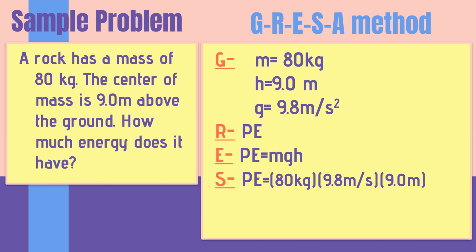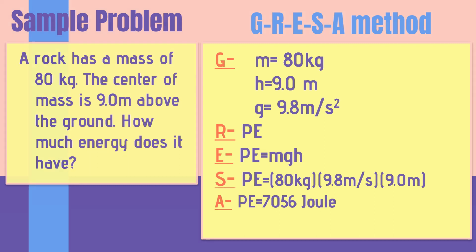If we multiply all those values, our answer will be 7,056 joules. And so, the rock has a potential energy of 7,056 joules.